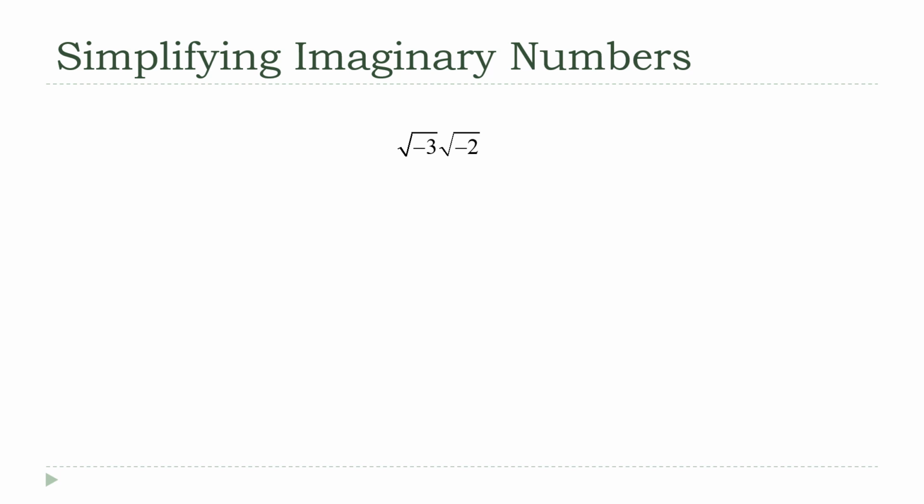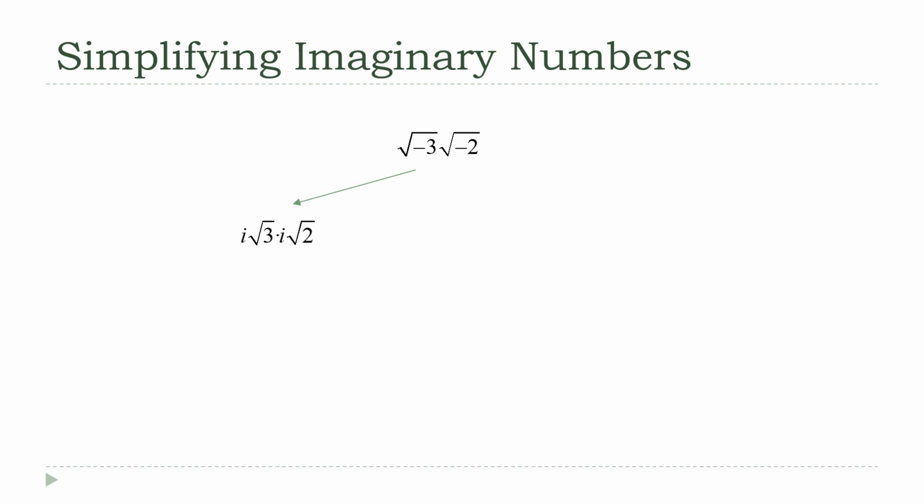Okay, now we do have one weird situation we have to deal with. Let's say I wanted to simplify this. There are 2 different ways we could approach this. One way would be to say this is I times the square root of 3 times I times the square root of 2.